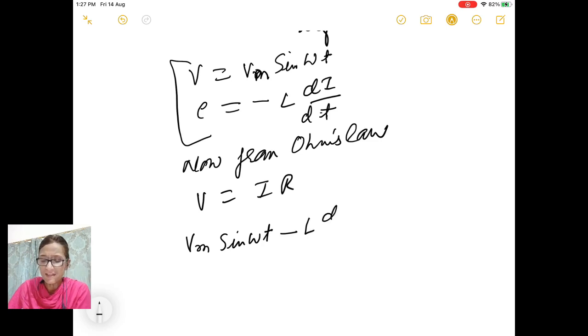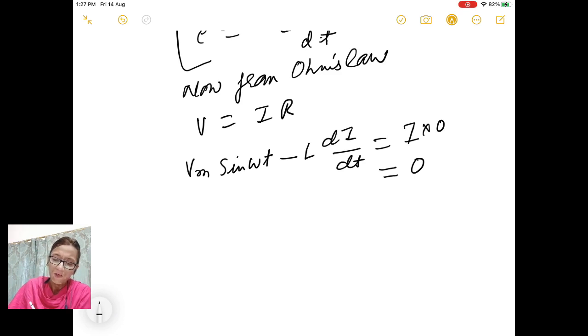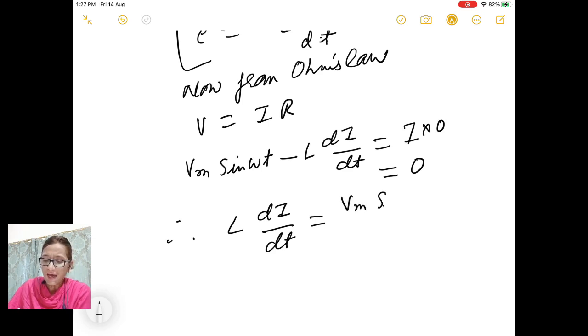This is your minus L di upon dt is equal to I into R. Here R is 0. In inductor, resistance is 0. So this comes equal to 0. Therefore, L di upon dt is equal to Vm sin omega t.